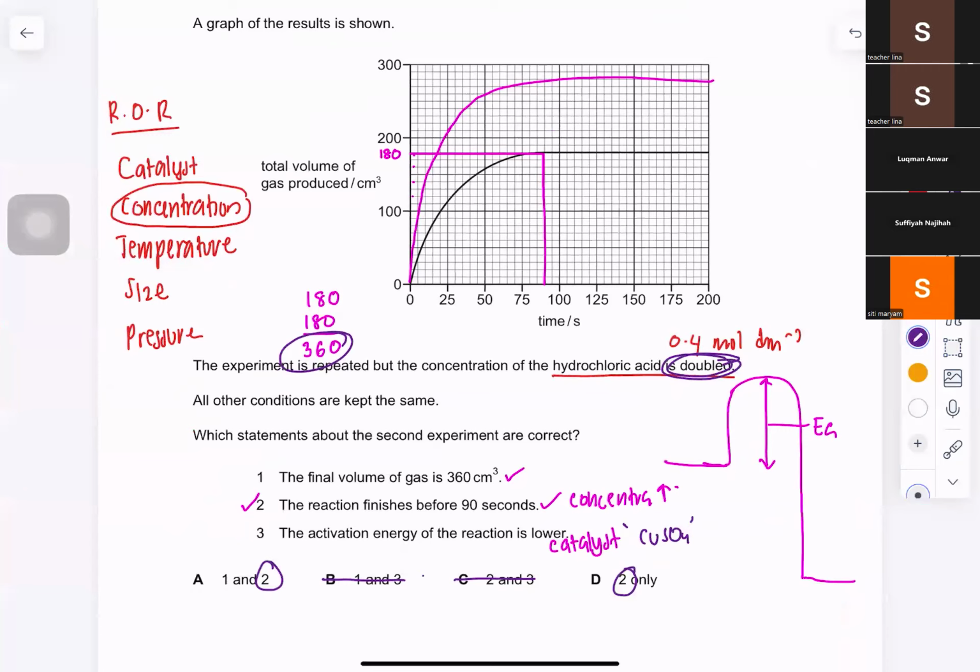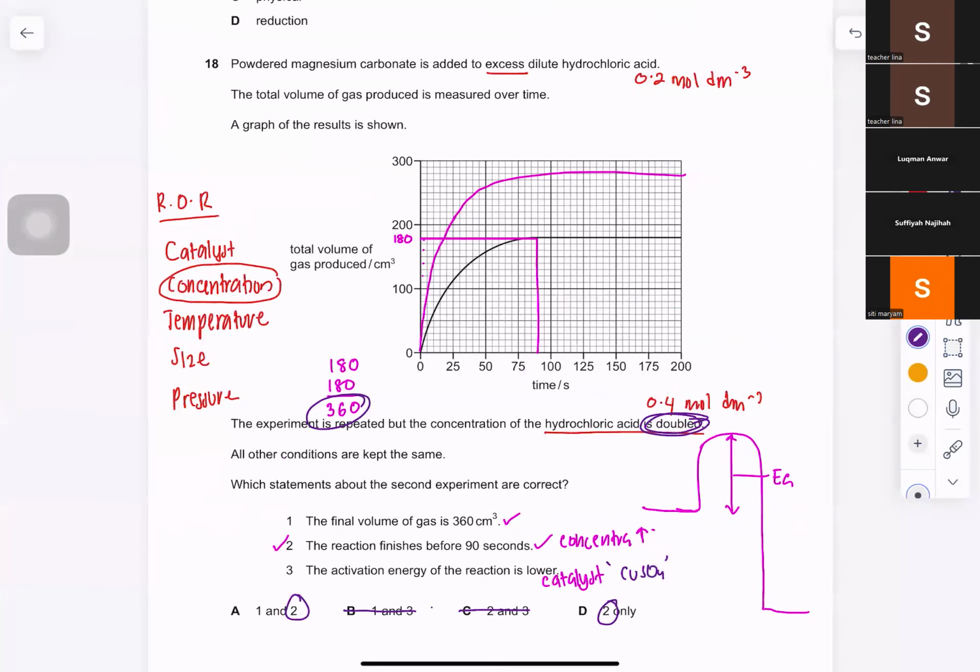So it means the concentration of hydrochloric acid is increased, this one they made 0.2. They said the concentration of the hydrochloric acid is doubled. So from 0.2 mol per dm3, teacher just times 2. The volume is the same. For example, they did not give it, the volume is 50 cm3.